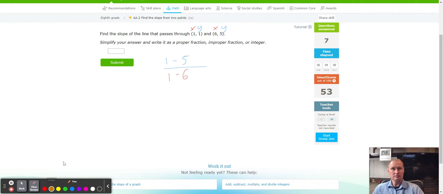What we got on the numerator is 1 minus 5 is negative 4, because the magnitude of 5 is bigger with the negative, and 5 minus 1 is 4, so we get negative 4. And 6 subtract 1 is 5, but because the magnitude of the 6 is larger, that's also a negative as well. But the cool thing here is because we have a negative over a negative, we're going to have positive 4 over 5. Because remember, dividing negatives is going to be positive when it's two negatives. So positive 4 over 5.